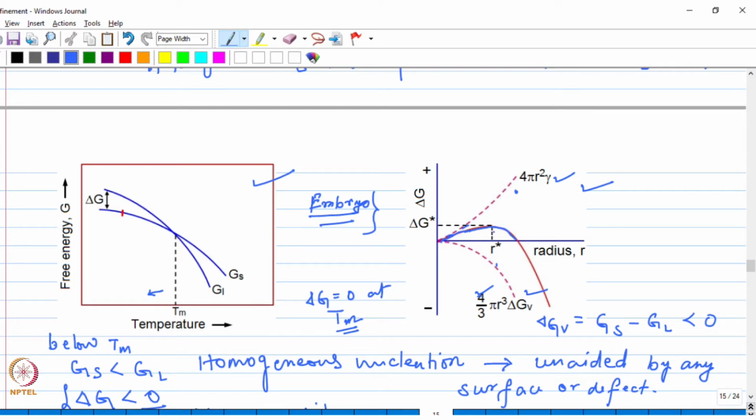So that is why beyond this critical size only, the nucleus will be stable, because now the transformation from liquid to solid can take place, because free energy is now decreasing, right? So beyond this critical size, the nucleus will become stable and it will grow.